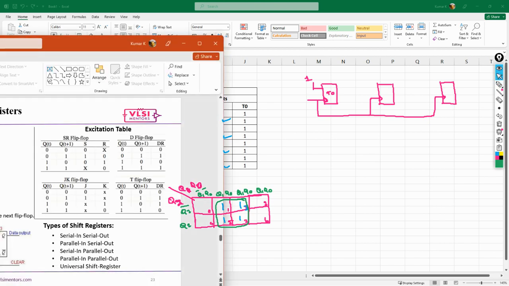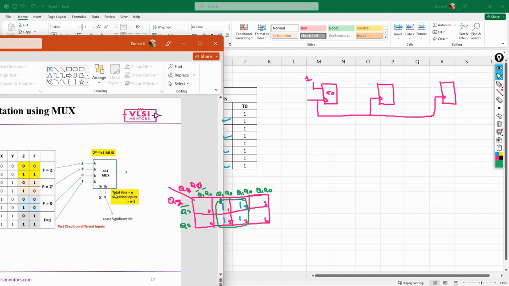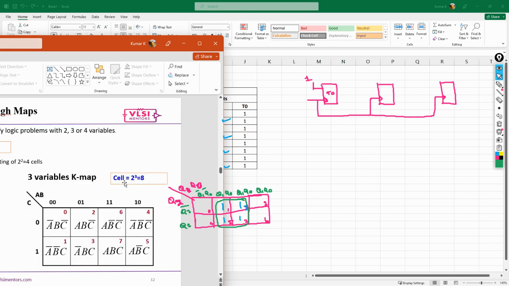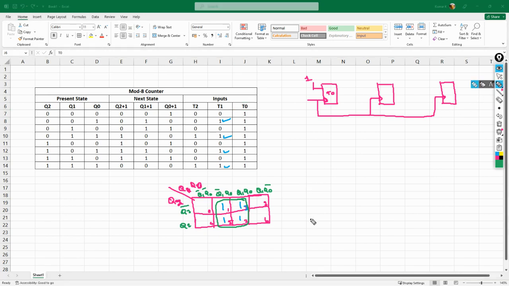Let me just pull up the previous Q0. So 0, 1. Now what would be the value here? So your T1, when you group this, is going to be Q0. Now your Q0 is directly connected to your T1.